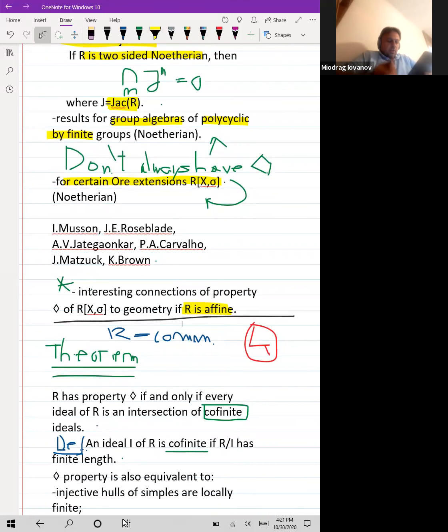Even then, they found very interesting connections to the geometry of the affine space. So there's been a lot of work and interest in this situation.